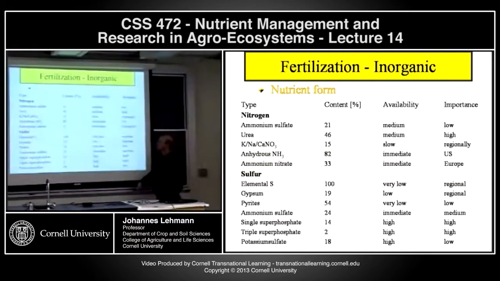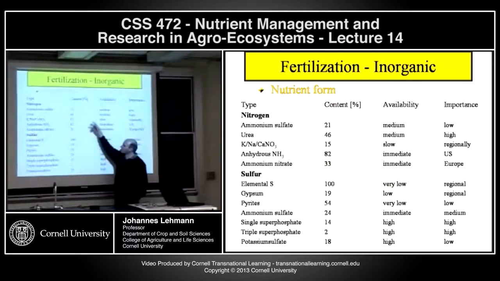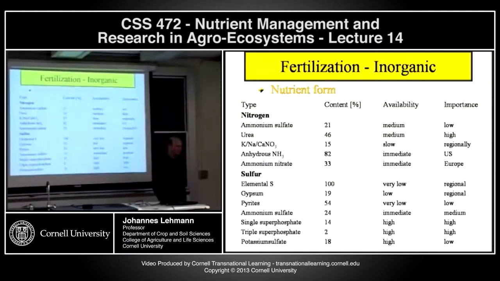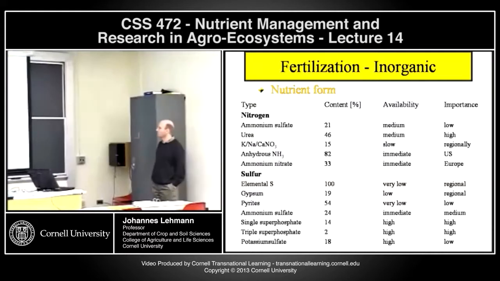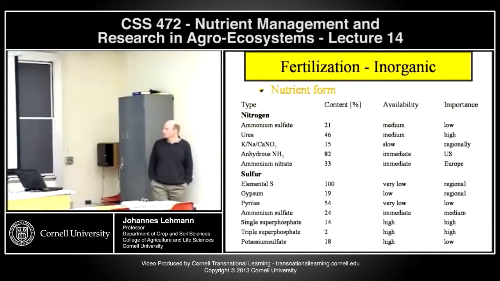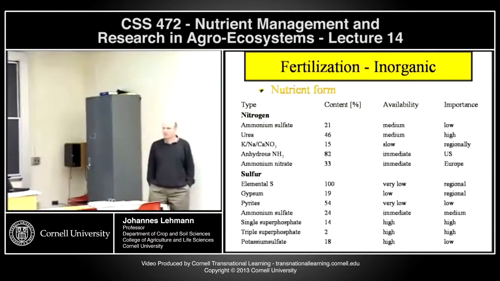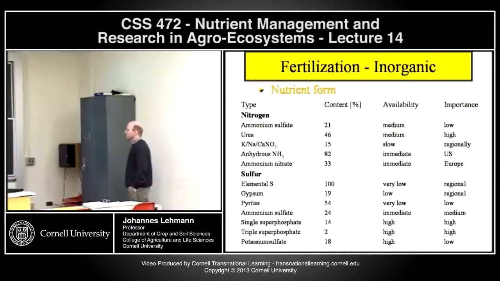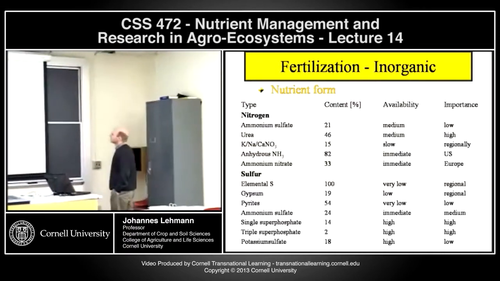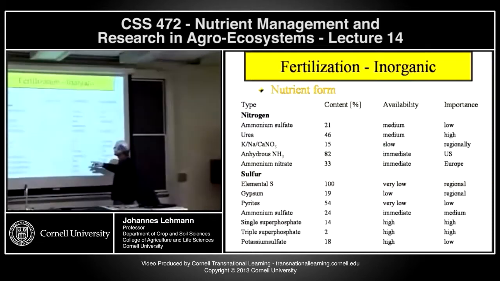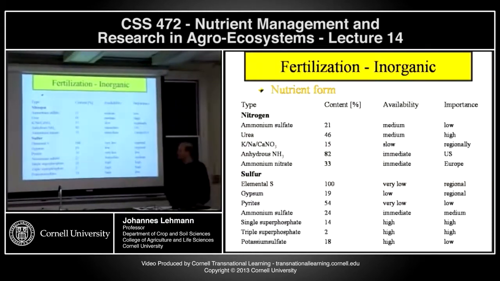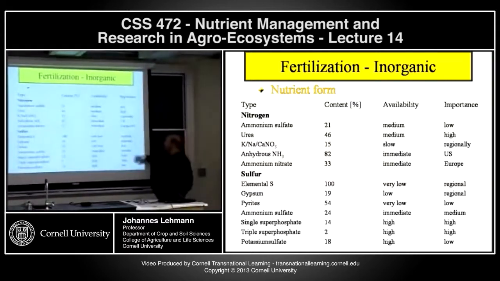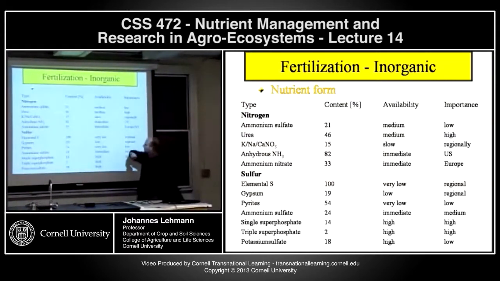The nitrates actually only regionally. China produces a lot of ammonium bicarbonate, for instance. This is used in China a lot, but really nowhere else in the world. Anhydrous ammonia is used a lot in the US, but not so much in Europe. Ammonium nitrate is used more in Europe.